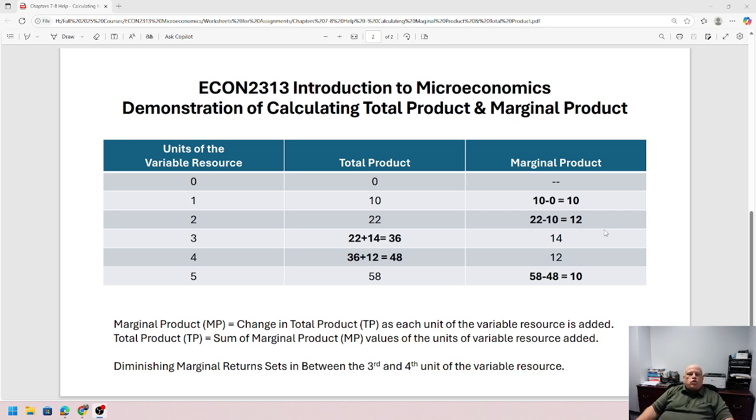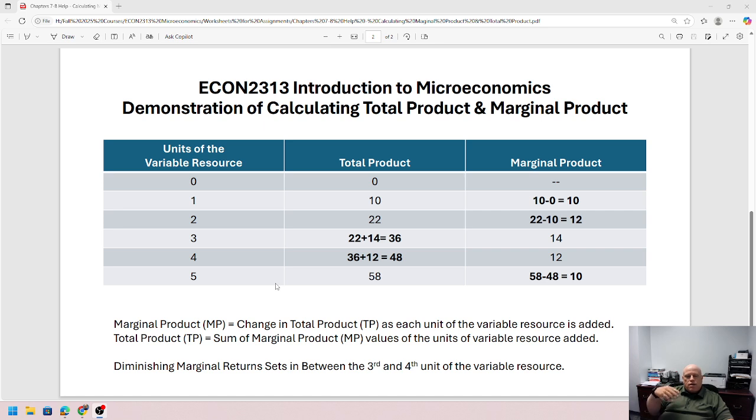But now, you look between the third and fourth unit of the variable resource, it goes from 14 to 12. So that's where the diminishing marginal return sets in, between the third and fourth units of the variable resource. And that's the way that you're going to need to tell me that in your answer.